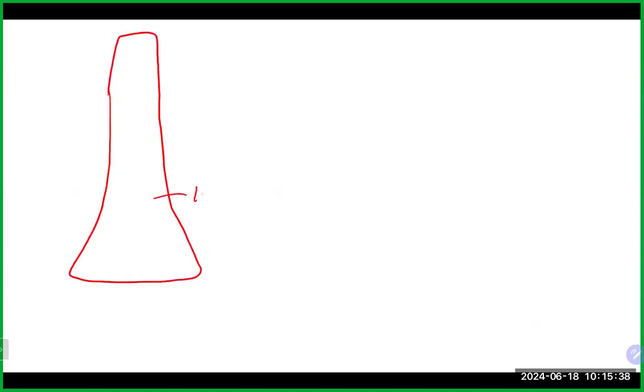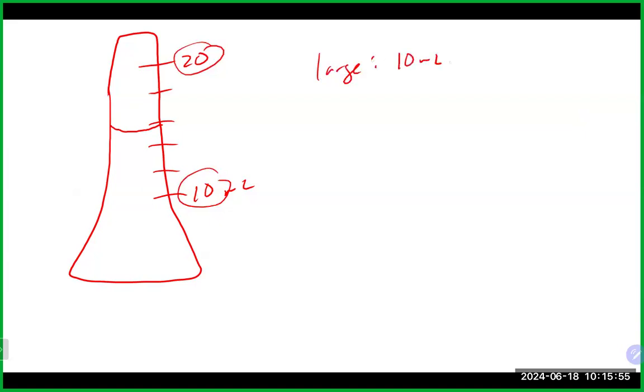So for example, if I had this graduated cylinder here, we do a little something like that. Once again, if we look at the large markings here, our large markings are going to be 10 milliliters.